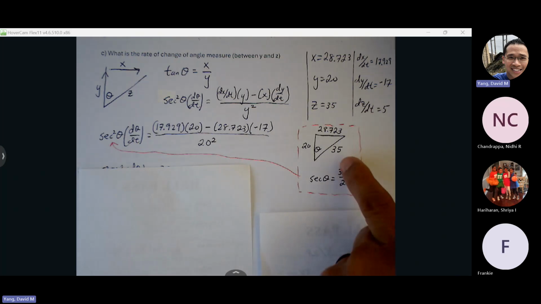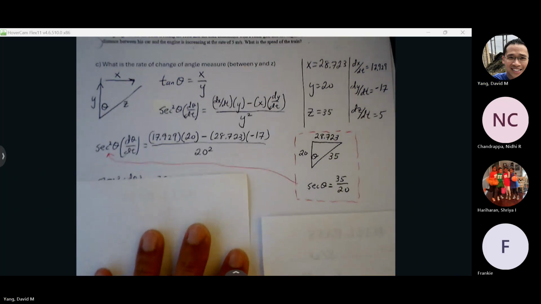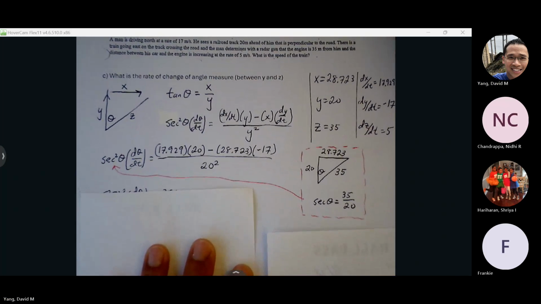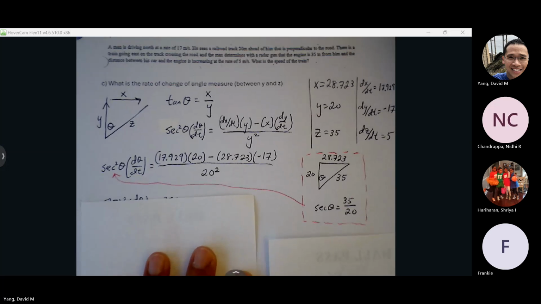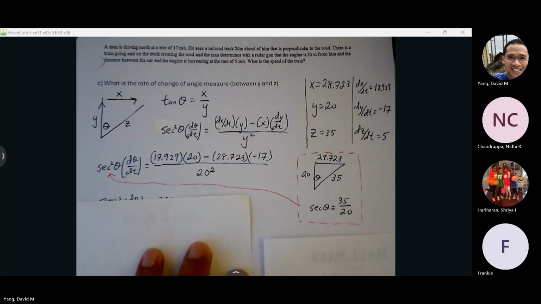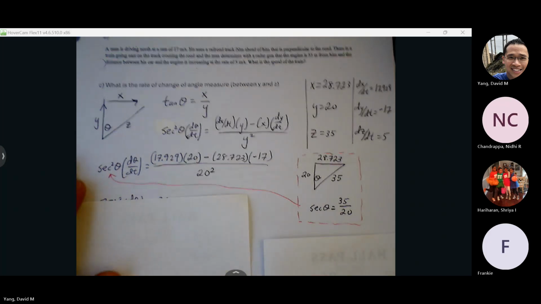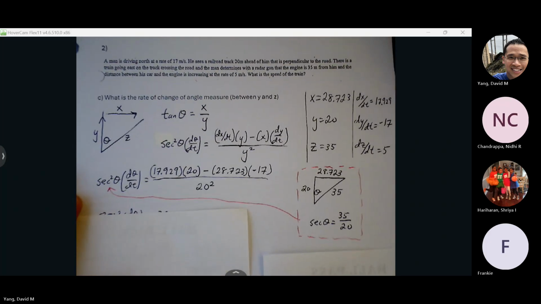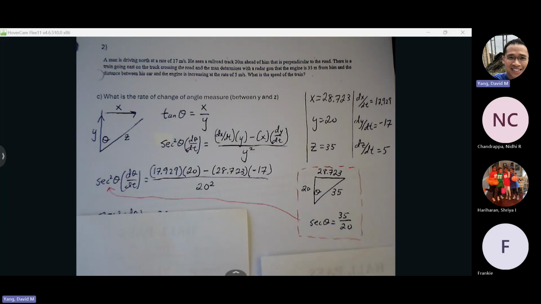So therefore secant is hypotenuse over adjacent. And then we should be in the clear. Now we just have numeric values in front of us, and we're just trying to get d theta dt by itself.